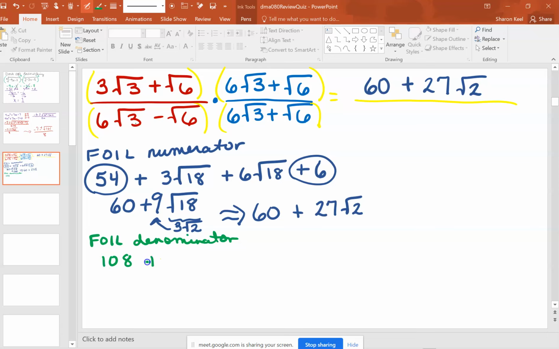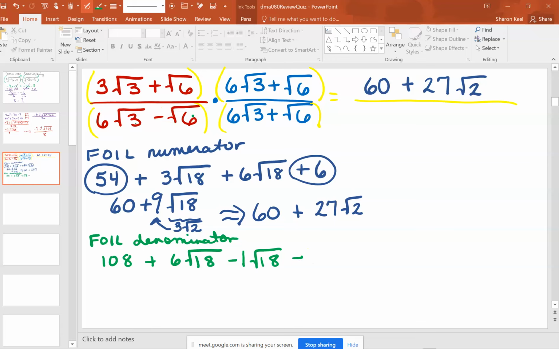When I do my outside, I have 6 times 1 is 6. Square root of 3 times 6 is 18. In the middle, negative 1 times 6 is minus 1. 6 times 3 under the radical is 18. Negative and positive is a negative.